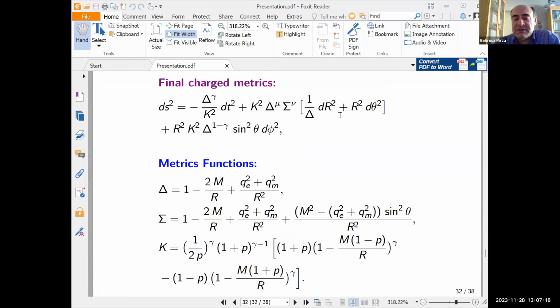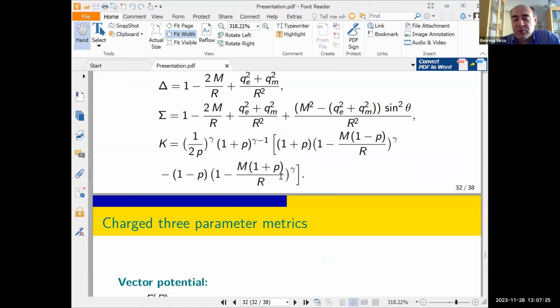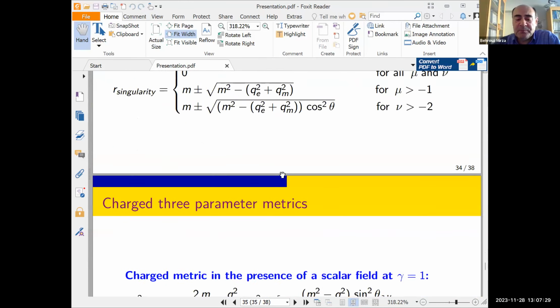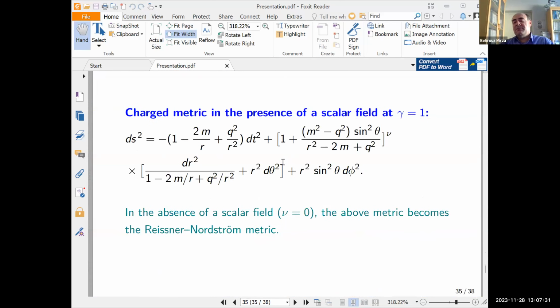That you can see is very similar to the Reissner-Nordstrom solution. However, if we put gamma equal to 1, we find exactly a metric that is very similar to the Reissner-Nordstrom solution.